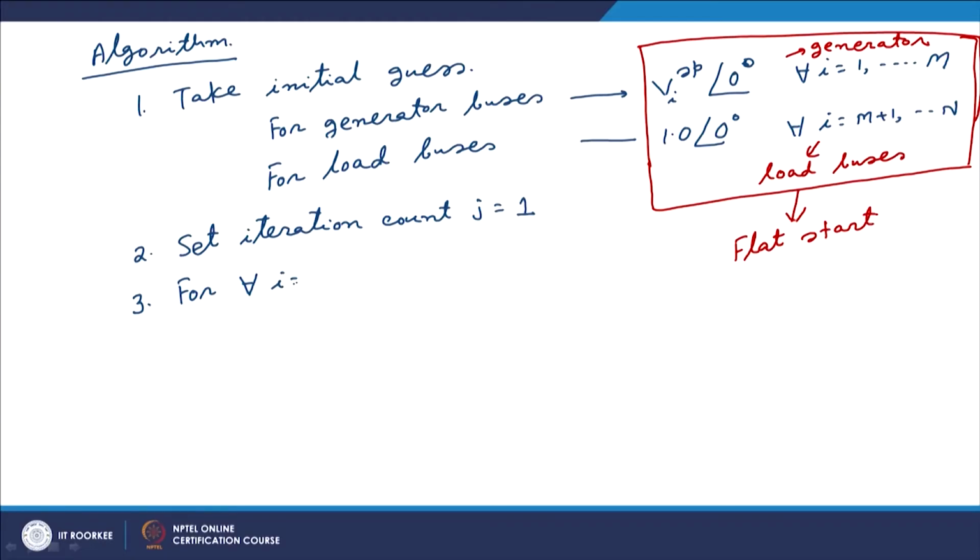PQ bus means one at which I have to calculate both voltage magnitude as well as the angle. This is called PV to PQ bus switching. All these aspects we now have to take into account in our algorithm. So for all generator buses we do the following calculation: for all i equal to 2 to m, that is for generator buses, do the following.